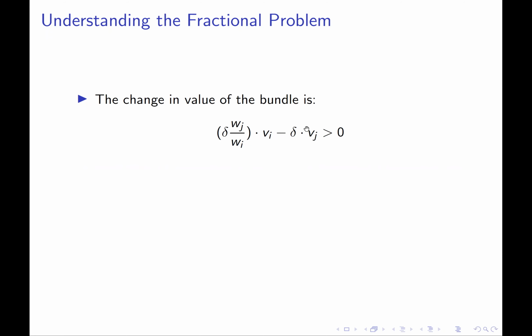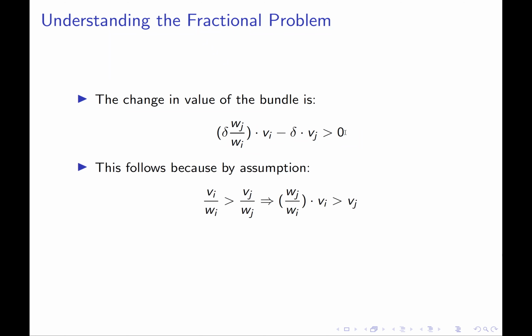Well, we subtracted delta from j's allocation, so we've lost delta times Vj in objective value. But we've also gained something, right? Because we added to i's allocation. We added delta times Wj over Wi to bidder i's allocation. And so we gained delta times Wj over Wi times Vi in our objective value. And we need to argue that this is positive. We need to argue that we actually increased the objective value.